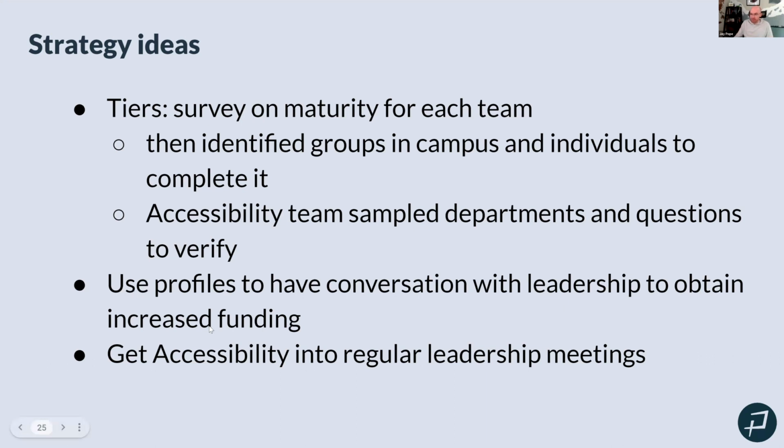Another idea is if you can get accessibility into regular leadership meetings, that can be really useful. A couple things I heard at CSUN. I just got back from the CSUN Accessibility Conference. USU, Christopher Phillips, he was talking about captioning. And one of the things he said is make the problem bigger until someone cares. And he was successfully able to do that.